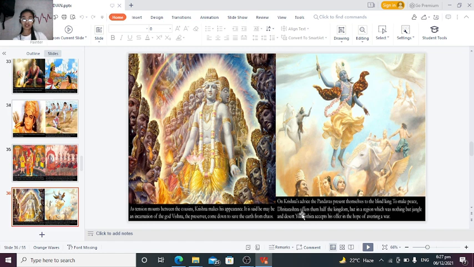So Dhritarashtra offers them half of the kingdom, but in a region which was nothing but jungle and desert. Yudhishthira accepts his offer in a hope of averting the war, para maiwasan yung war between the Kauravas and Pandavas.